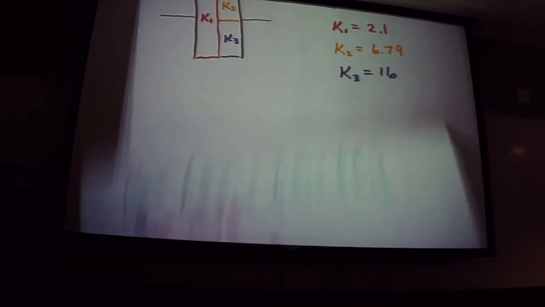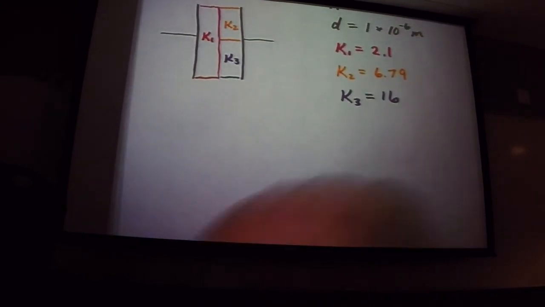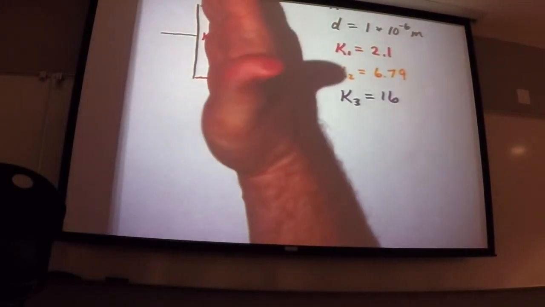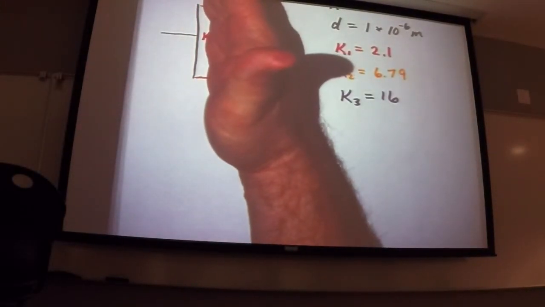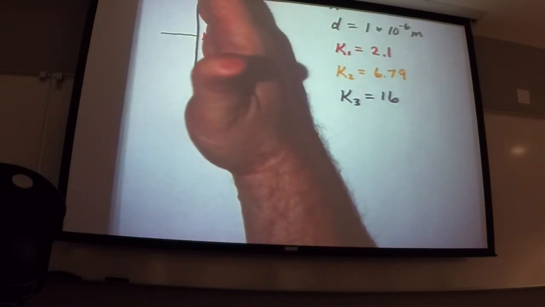All right, now here's how I'm going to treat it, and we'll see if I get the 6.75. What I'm going to say is this: if I put a very, very thin metal plate right here, I do not change the physics of this thing at all.